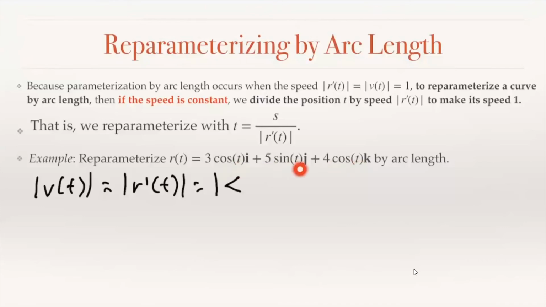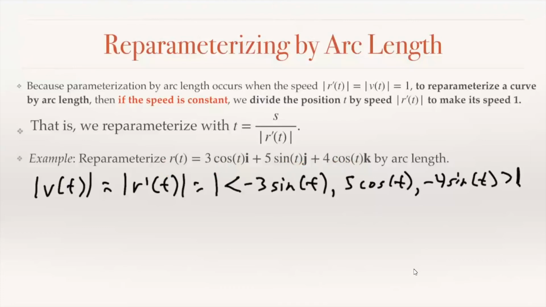The derivative of this, the velocity, will be minus 3 sine t, 5 cosine t, minus 4 sine t. That's the velocity, and then the magnitude of that is the speed.